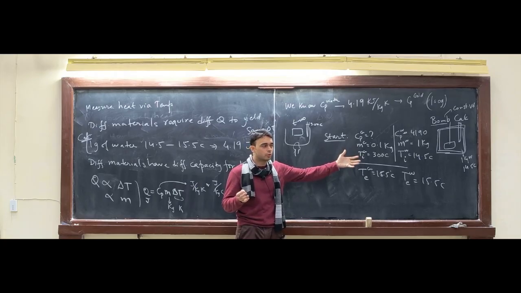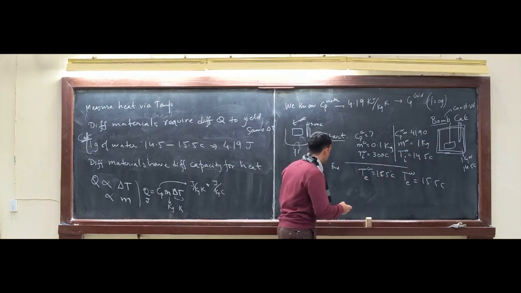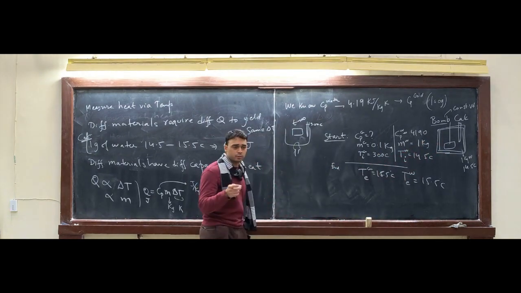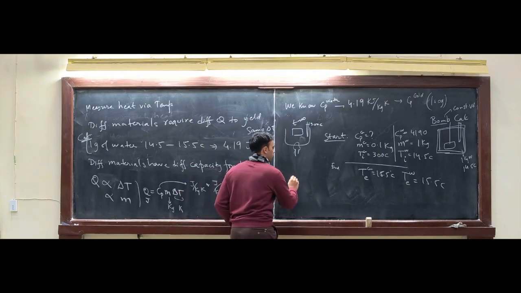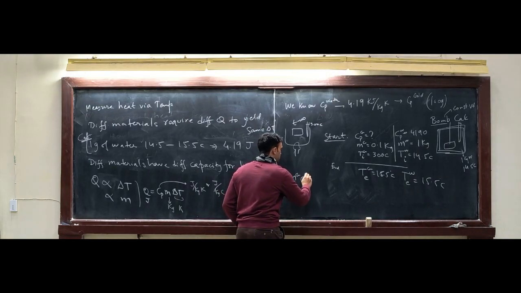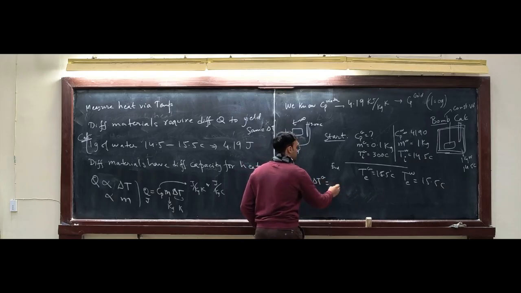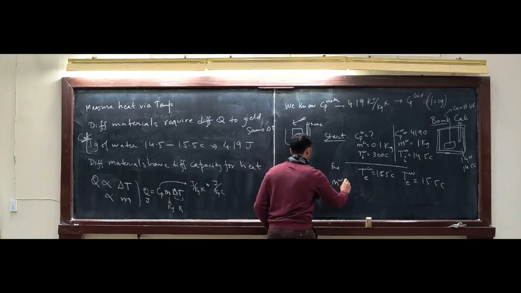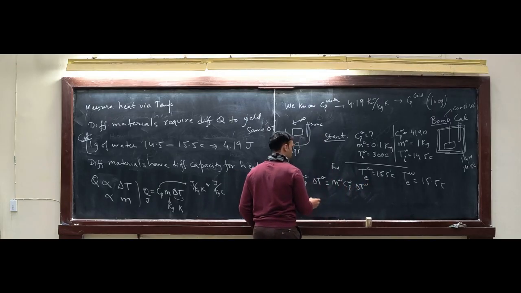So heat loss should be equal to heat gain because we believe this insulation is perfect. Can you do that and use your mobile phones or calculators if needed for the calculation? You have to just do m_g Cp_g delta T_g equals m_water Cp_water delta T_water.